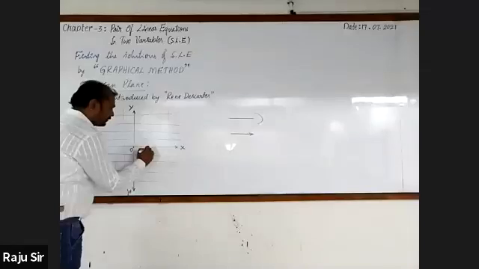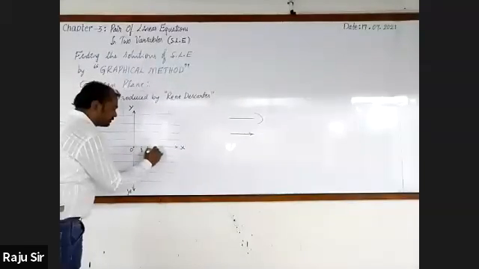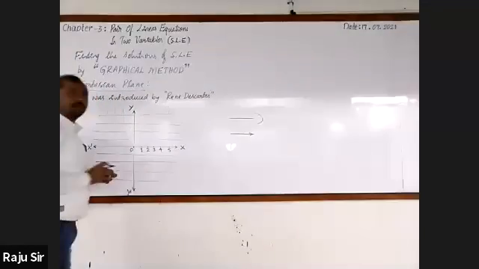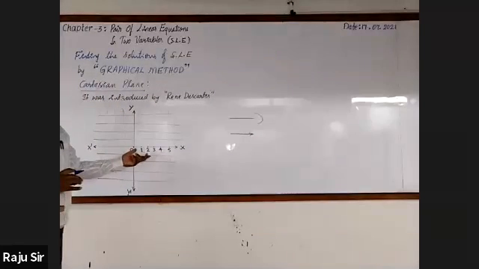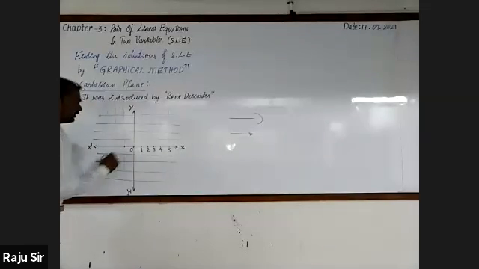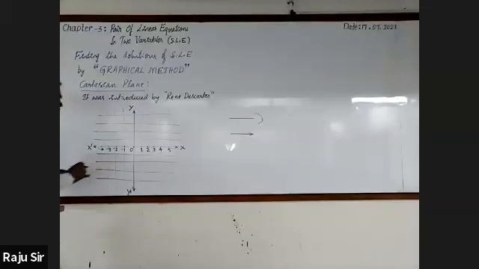Next, second point, it is 2. This is positive 3. This is positive 4 and this is positive 5. And left side of 0 are negative. It is negative 1, negative 2, negative 3 and negative 4.